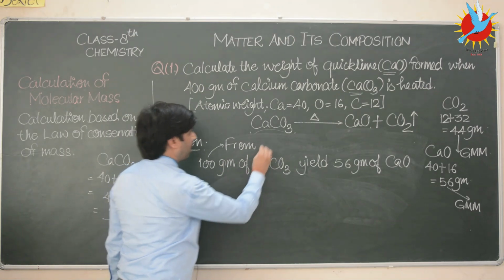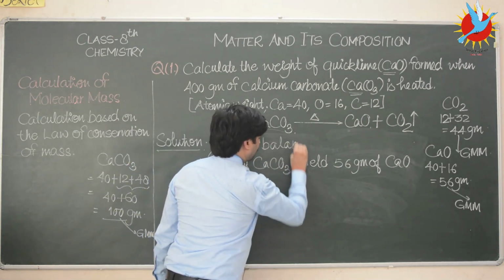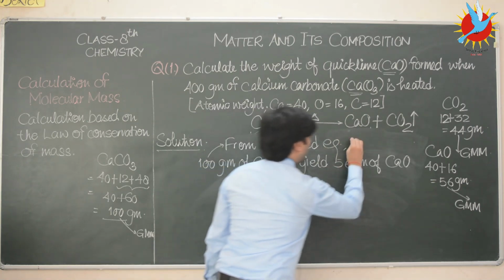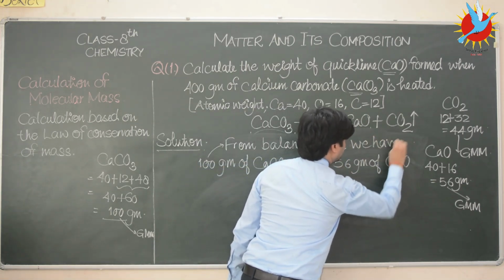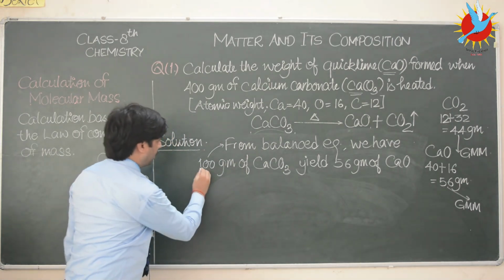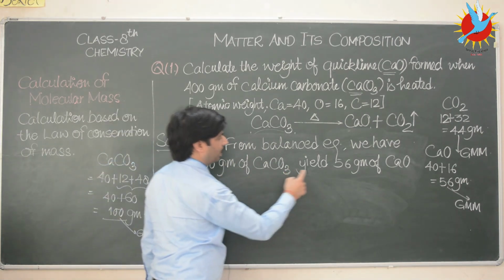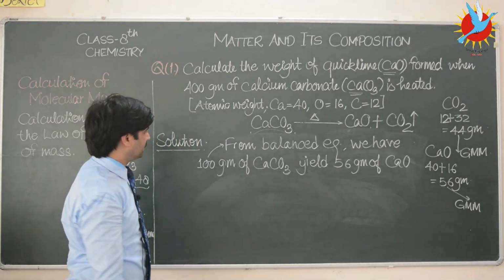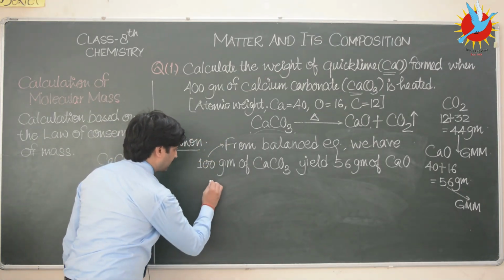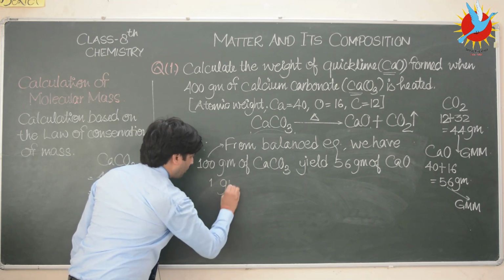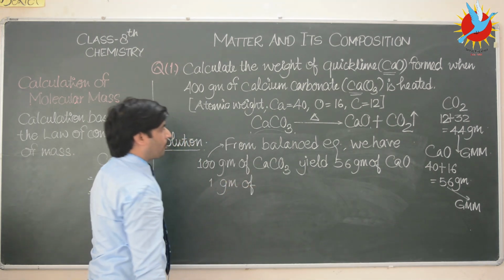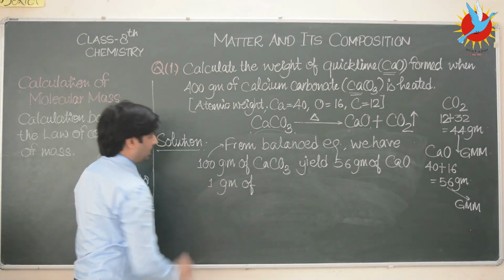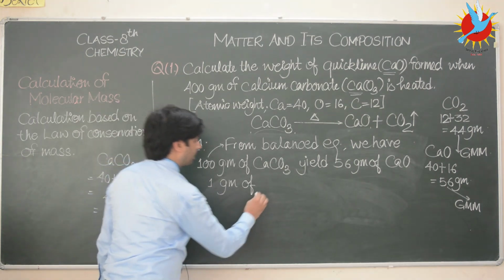So we have to write from the balanced equation given above, we have this information that 100 gram of calcium carbonate yield 56 gram of calcium oxide. Now we have to use the unitary method. First we have to check 1 gram, how much calcium oxide or quicklime will be formed if you will take 1 gram of calcium carbonate.